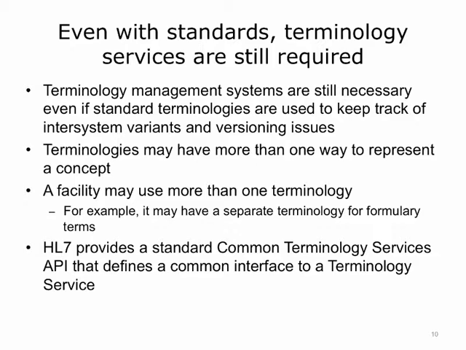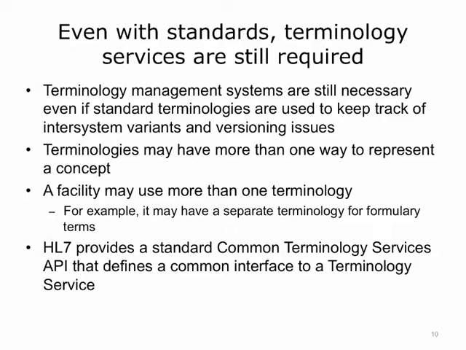Terminologies may have more than one way to represent a concept. A facility may use more than one terminology. For example, it may have different standard terminologies for formulary terms. There are vendors that provide terminology management systems, and there are also open-source terminology management systems.